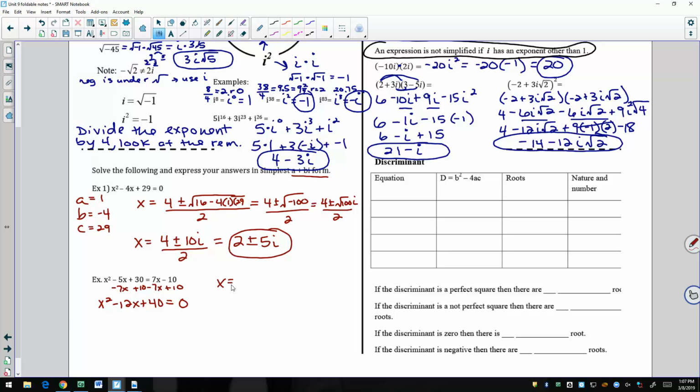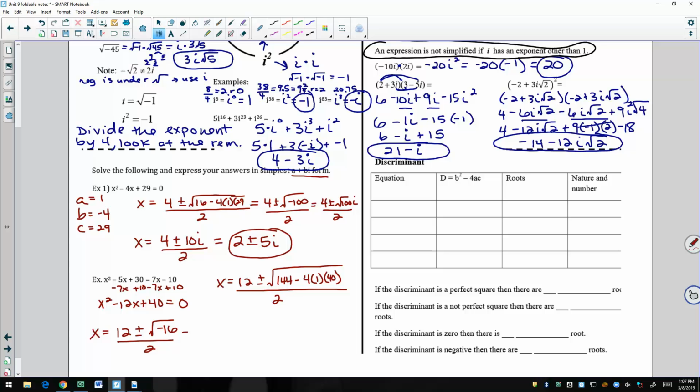The quadratic formula says negative b, so that's negative 12, so that's positive 12, plus or minus the square root of 12 squared is 144, minus 4 times 1 times 40, all over 2 times 1, which is 2. Underneath the radical, you're going to get the square root of negative 16, all over 2.